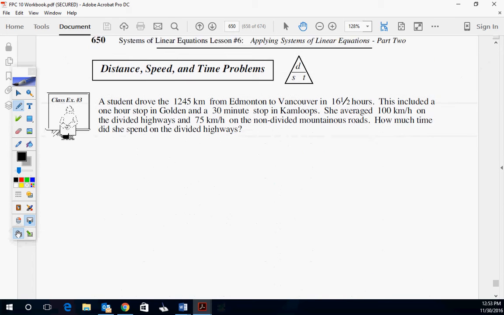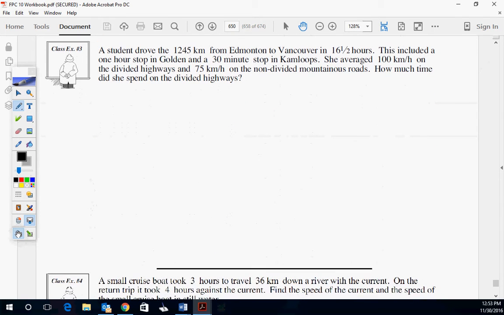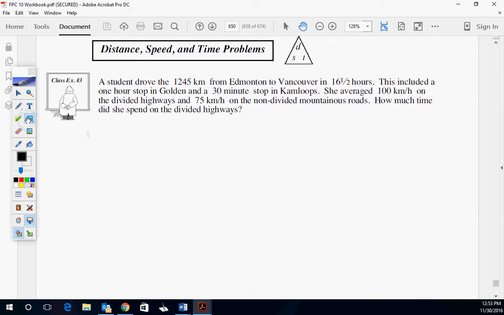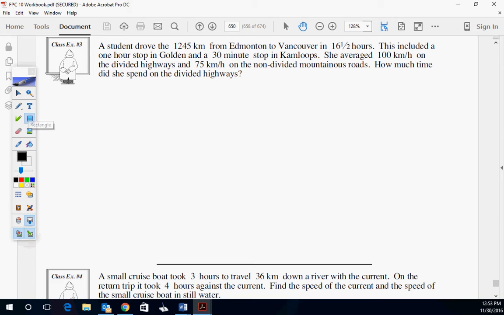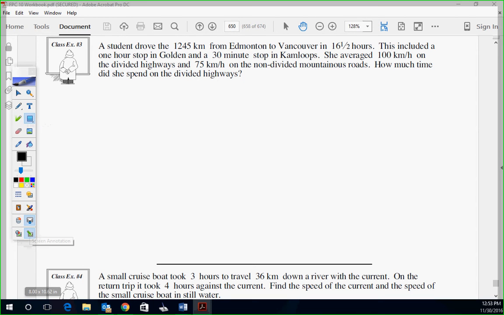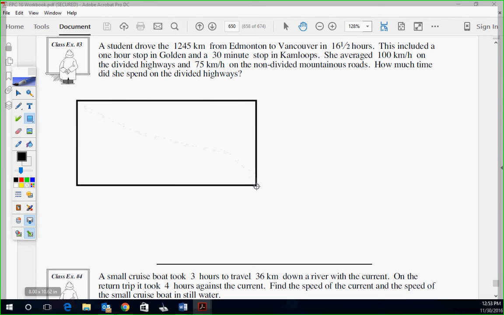Last page here. Okay, so I want everybody to make these two charts real quick. I'll pause the video, but make these two charts. Make a chart.